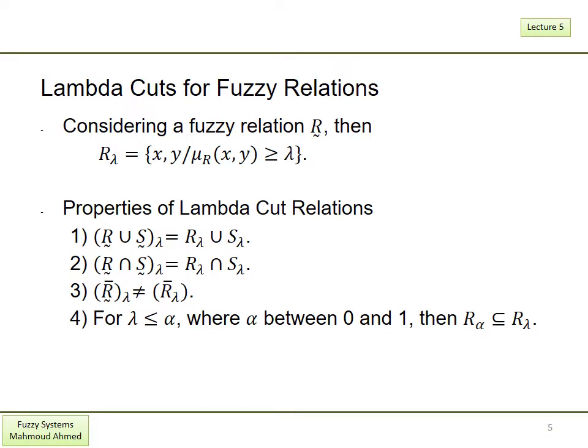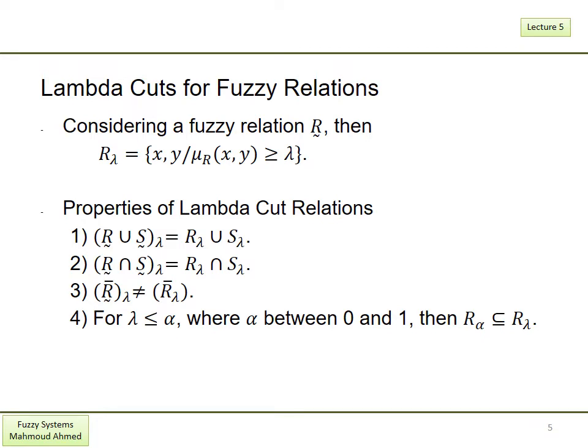The same properties can be applied for fuzzy relations, such that R of lambda is equal to the set of X, Y such that the membership function mu R of the two elements X and Y is greater than or equal to lambda.